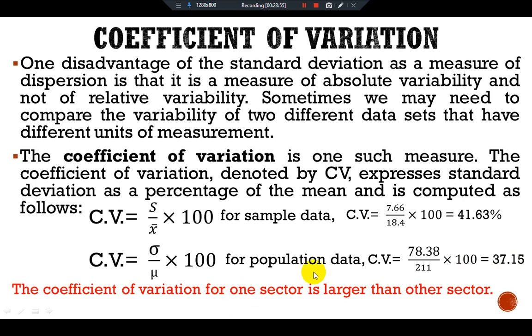The coefficient of variation for the first sector is larger than for the other sector. So standard deviation and variance give us the variation of the data around the mean, but the coefficient of variation gives us information on the relative change or relative value of one data series to another data series.